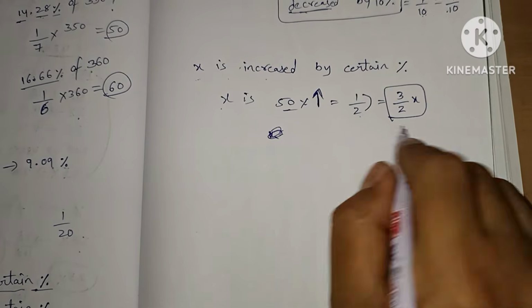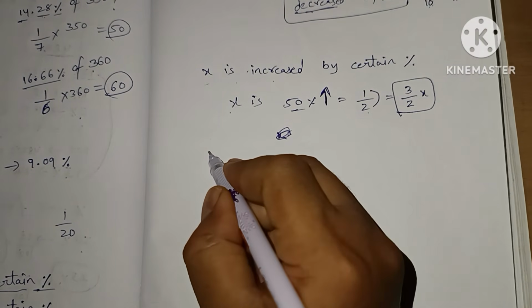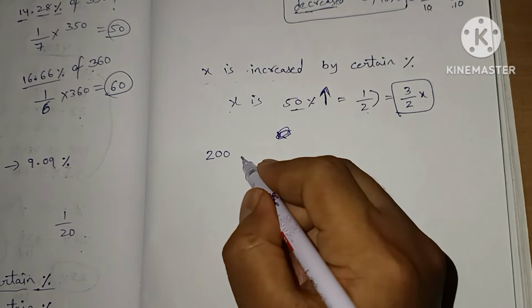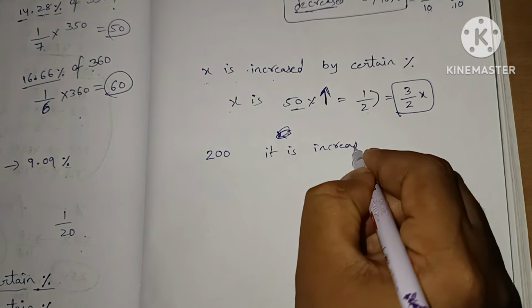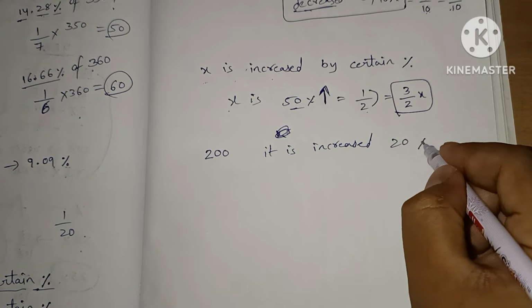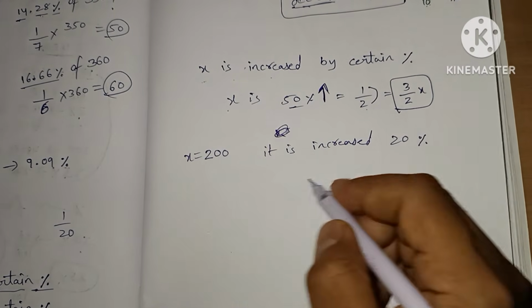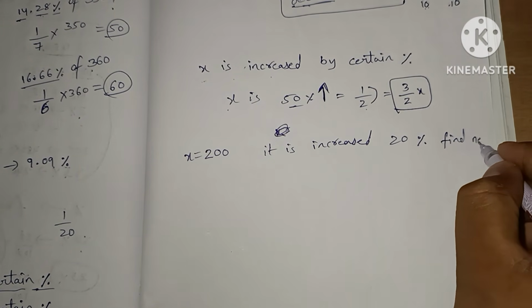Let us understand this concept with numbers. If we have 200 and it is increased by 20 percentage, then find the value. Here it is x, then find the new value of x.